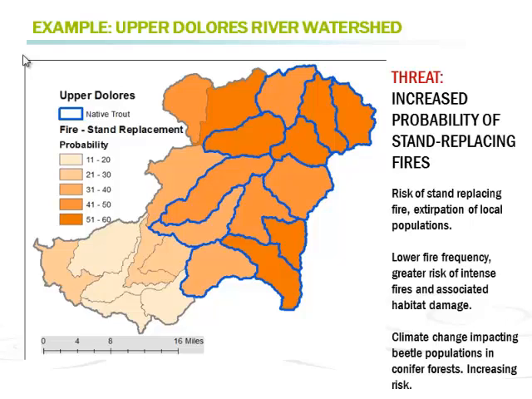But due to climate change conditions and forest conditions, we're going to have increased fuel loads, increased risk of forest tree mortality due to bark beetle populations, increasing the likelihood that when you do have a fire, it's going to be a huge catastrophic stand replacement fire, which then has associated risk of increasing the amount of sediment and other impacts to the stream system, causing a higher risk of associated habitat damage.